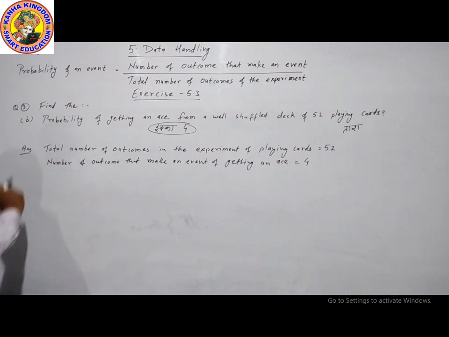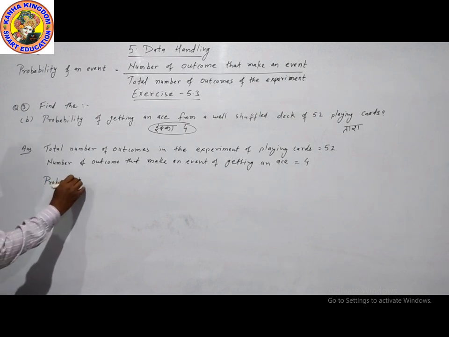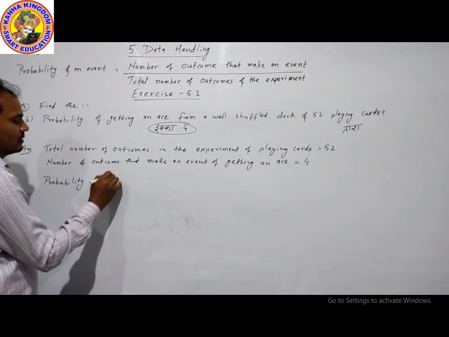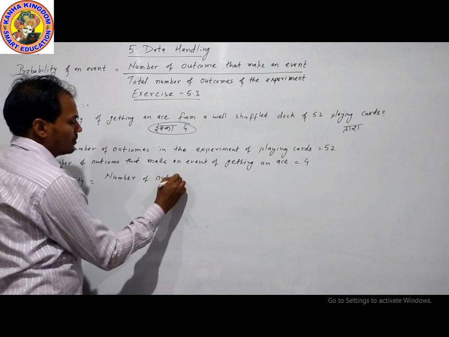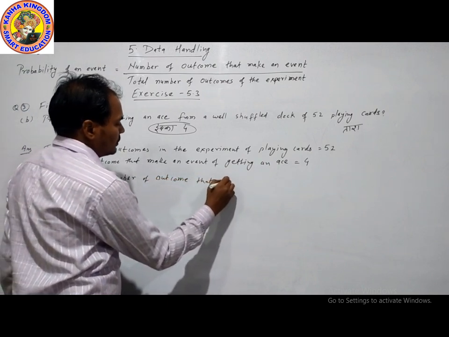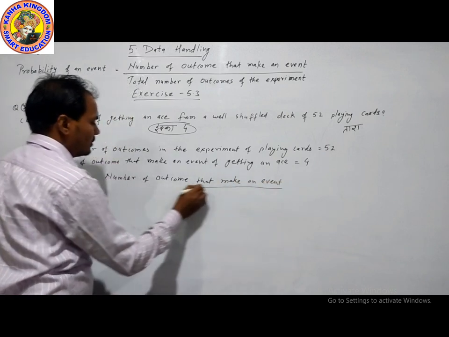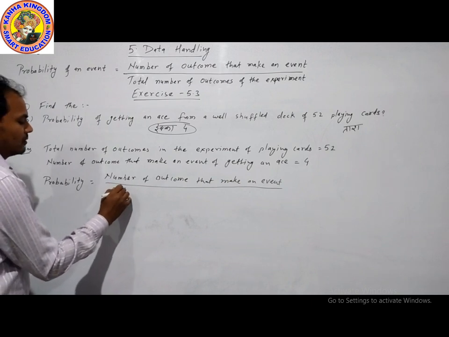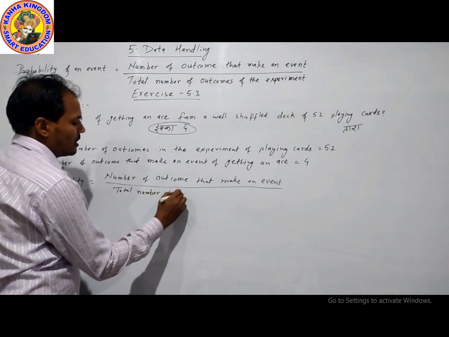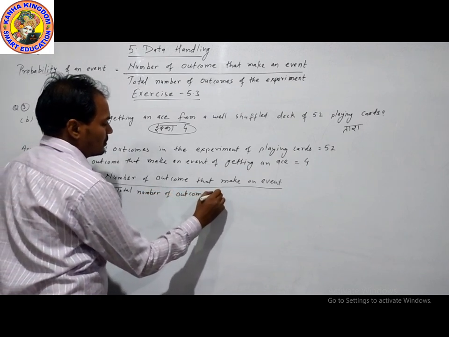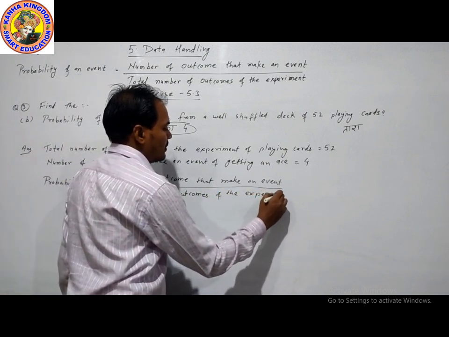Now getting the probability, the formula of probability. The probability is the number of outcomes that make an event divided by the total number of outcomes of the experiment.